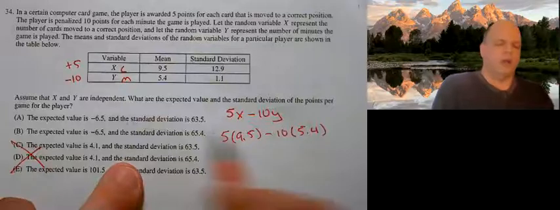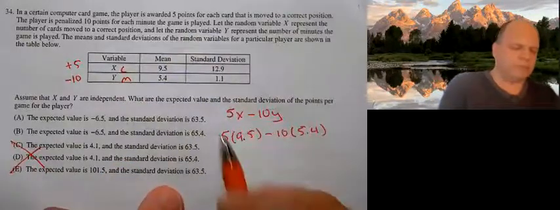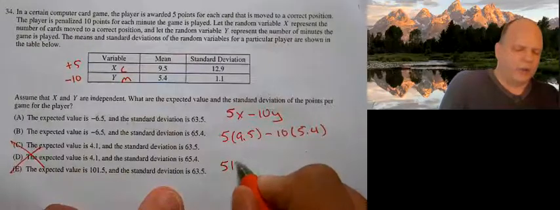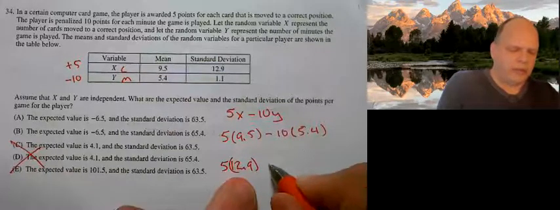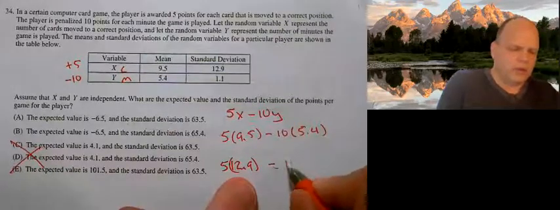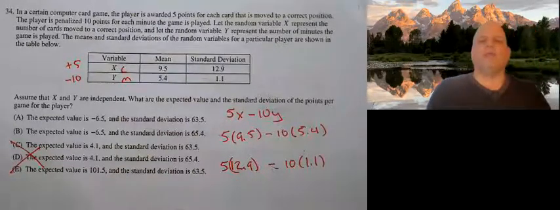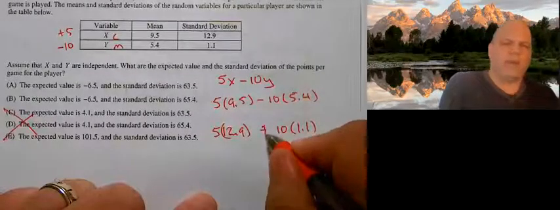So we know we have our mean, but now we need to do our standard deviation. Well, first off, let's rewrite our equation. And we now have 5 times 12.9 minus 10 times 1.1. First off, we have to be really careful. We can't subtract. We have to add them.